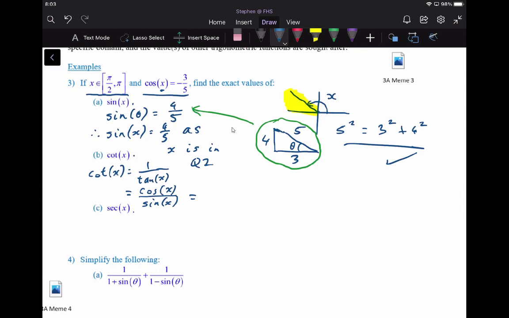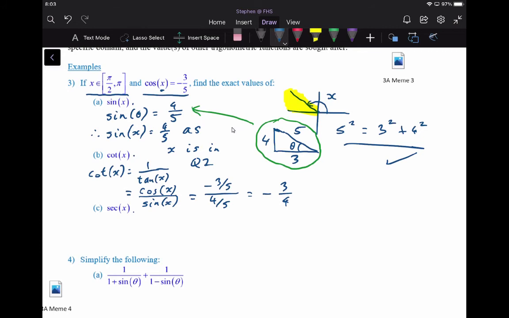So the way we can deal with that is, well, we know cos x is negative 3 on 5. So that's on the numerator. Sine x we just got from part A, which is 4 on 5. So negative 3 on 5 divided by 4 on 5, well, that's just negative 3 on 4. Okay, so let's just double check. We are in the second quadrant. In the second quadrant, tan is negative, and therefore cot will also be negative. Cool. I'm pretty happy with that as the answer.